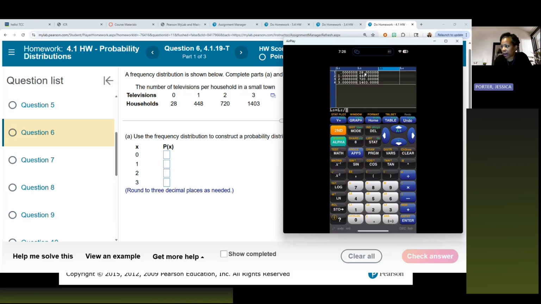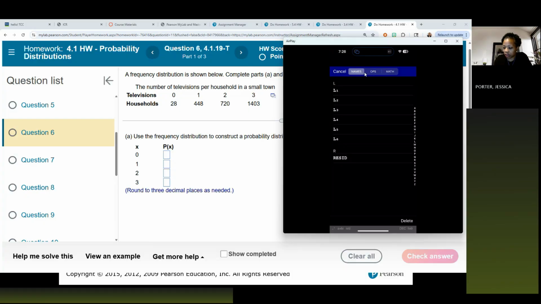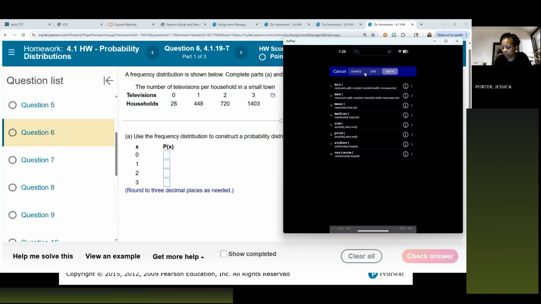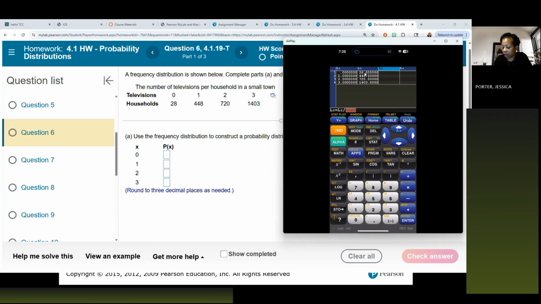Then you're going to divide by, and then second stat, math, sum of what? The sum of L2. So second L2 and enter. So that's how you would get the relative frequencies in a TI 84 calculator.